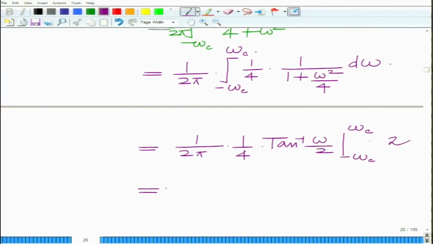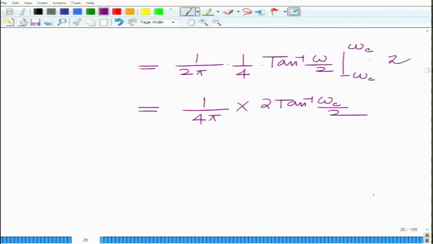So, this is basically 1 over 4 pi into twice tan inverse omega c by 2, which is equal to 1 over 2 pi tan inverse omega c by 2.